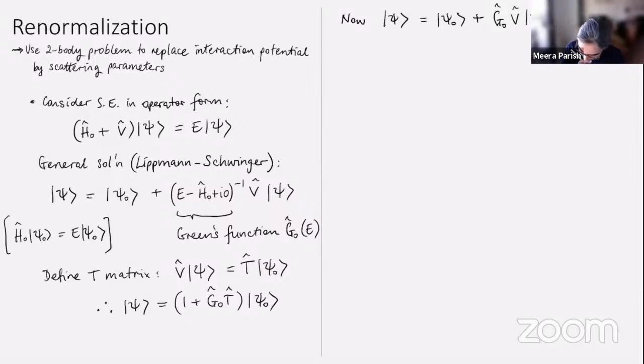Okay, so I can rewrite this now as, if I take this over to the side, 1 minus G naught V, and then I can invert that, so I have this.